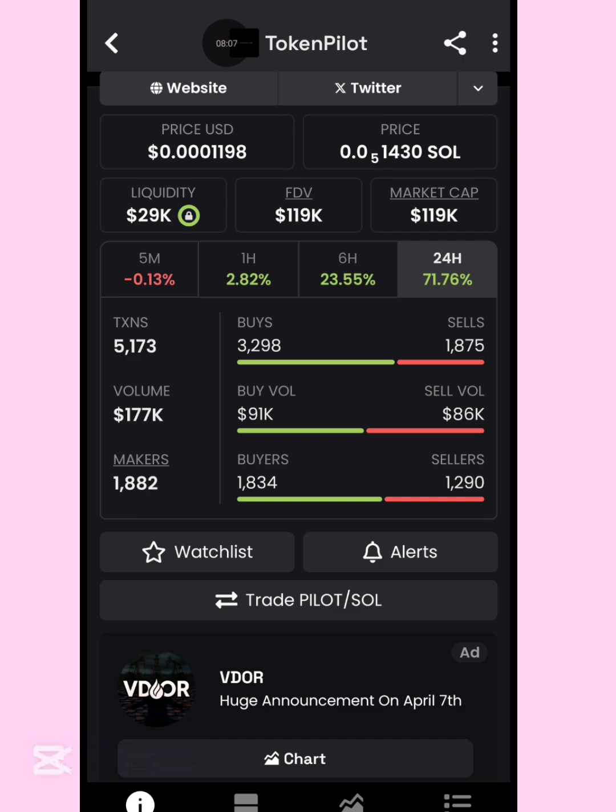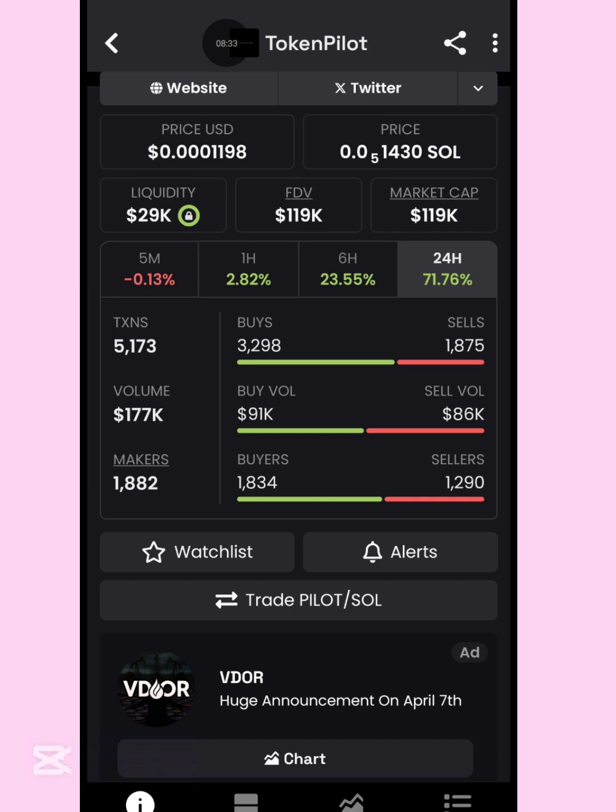Keep it at the back of your mind that I didn't make any mistake. Makers are buyers and sellers, but when we talk about makers, they are unique wallets that carry out transactions on the blockchain of a particular token.